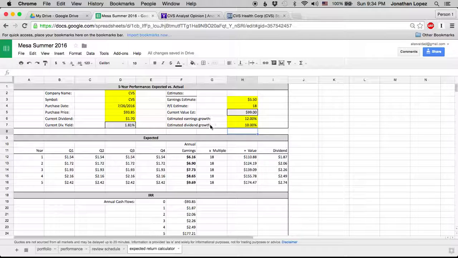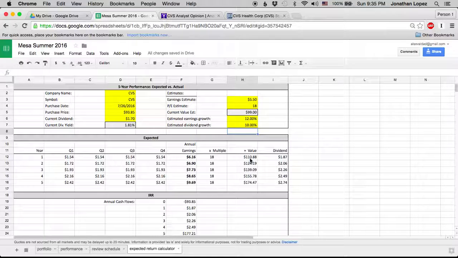Okay, so what that tells me is if I expect earnings to be 550 and I expect earnings to grow at 12%, that would tell me that next year I would expect earnings to be 616, and in 2 years 690, 3 years 773, 865, and 969 in 5 years. If it's trading at 18 times, I would expect this stock that I bought at 93.85 next year to be at a value of $110.